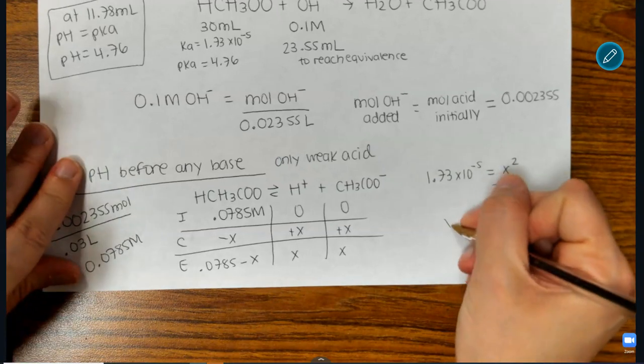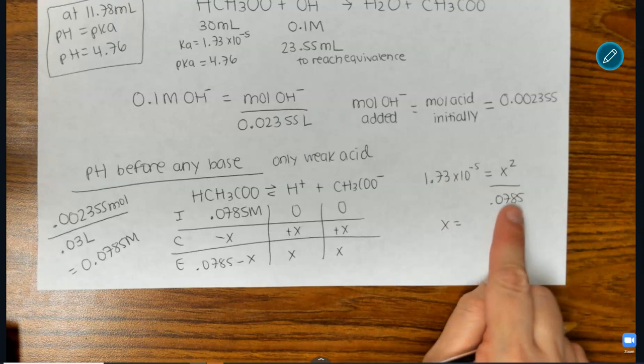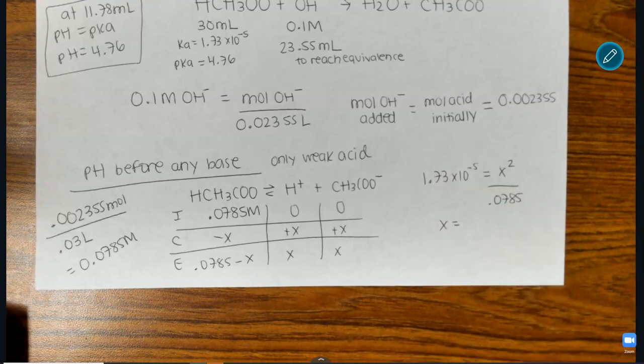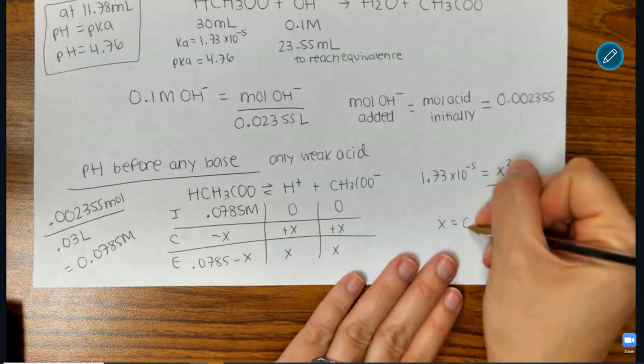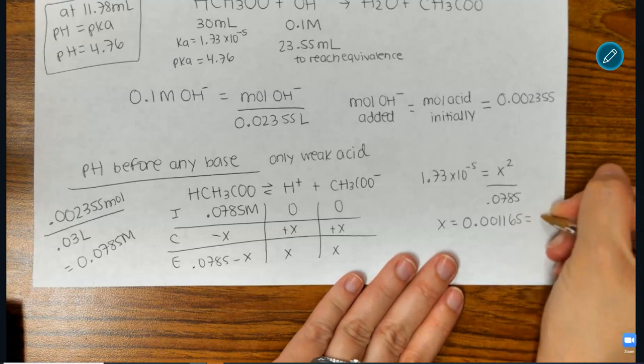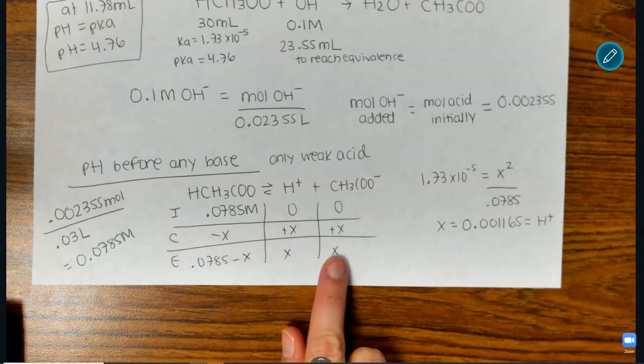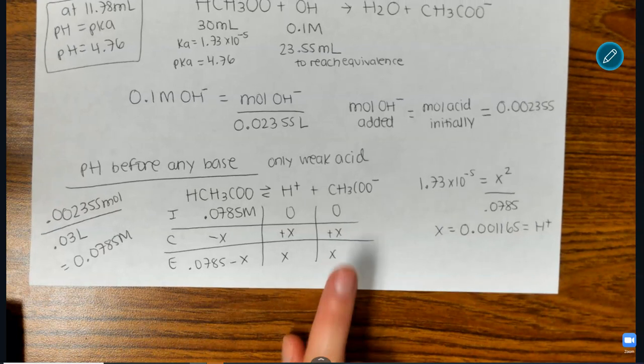Okay, and now you just solve for X. So 1.73 times 10 to the negative 5 times that, and then square root it. We get that X equals 0.001165. And again, that's the concentration of my hydrogen ions and the concentration of my acetate ions.